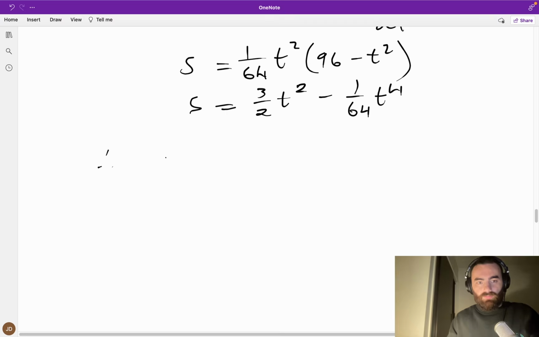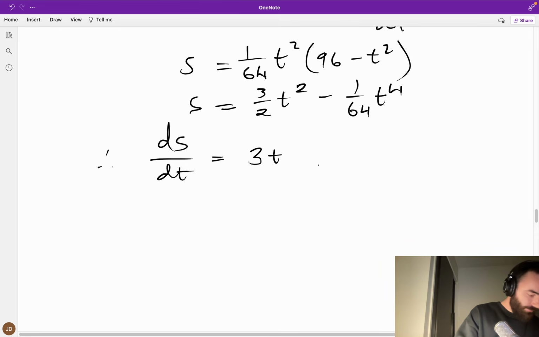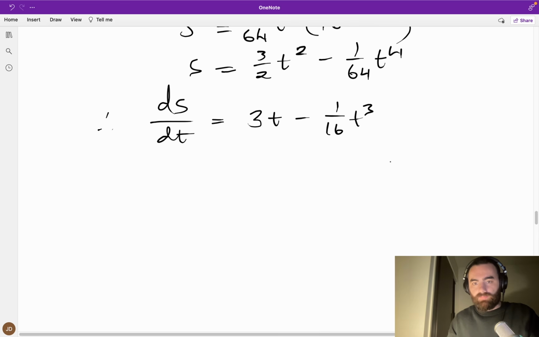Okay, so therefore ds by dt equals 2 times down by 2 gives us 3t, and this would be times down by 4, so 4 over 64 is 1 over 16, so minus 1 over 16 t cubed equals 0. Where does this equal 0?